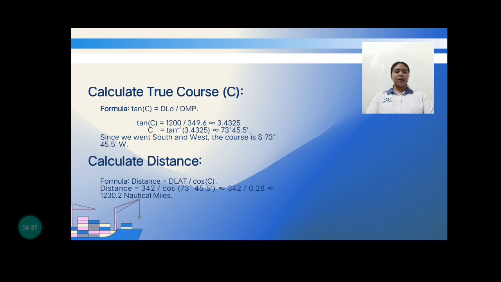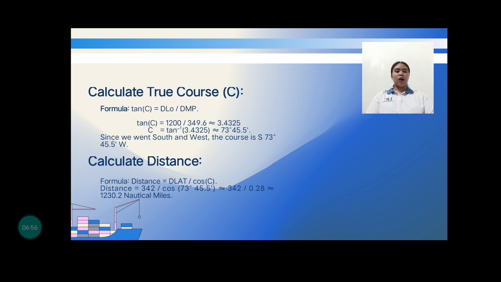So we have 73 degrees 45.5 minutes. So since we went to the south and west, the course is south 73 degrees 45.5 minutes west.